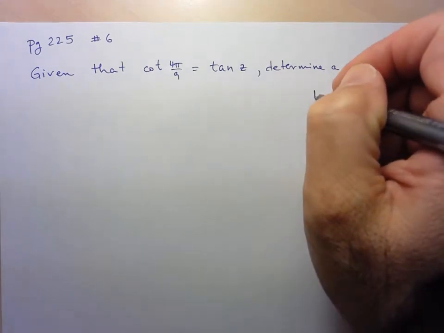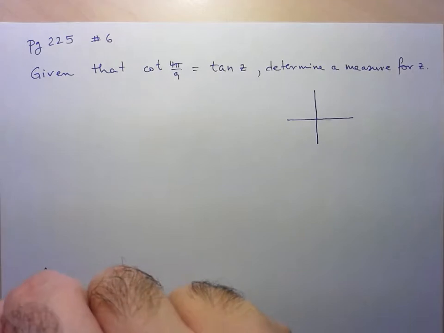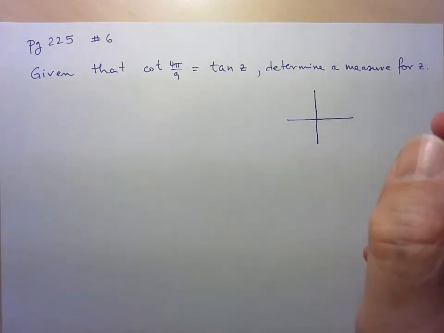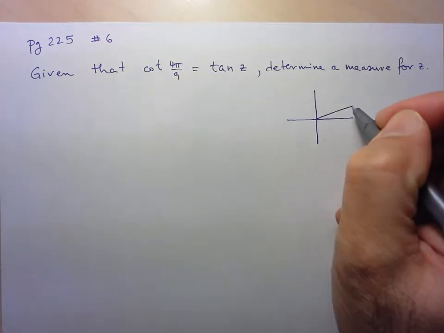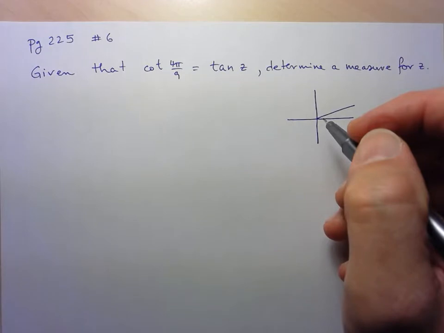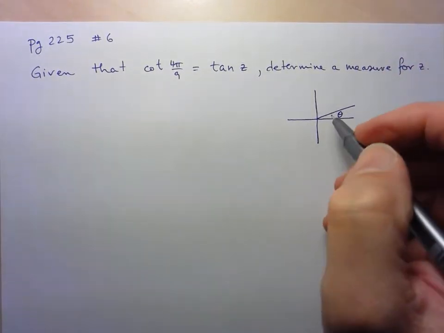So let's try to figure out what angles we should be working with. Let's just recall here. If I've got some angle theta in the first quadrant, I'll use this as my guide.